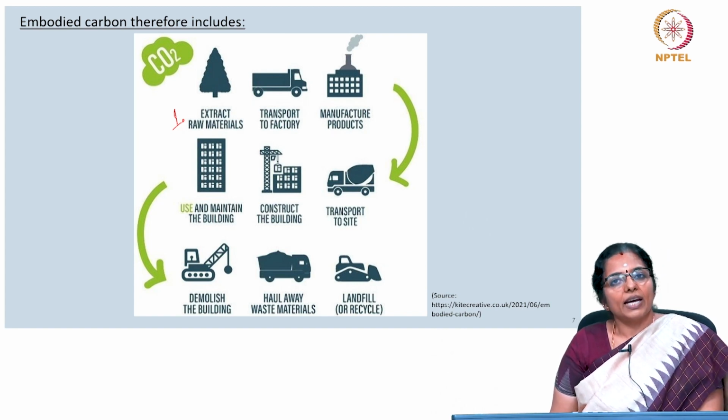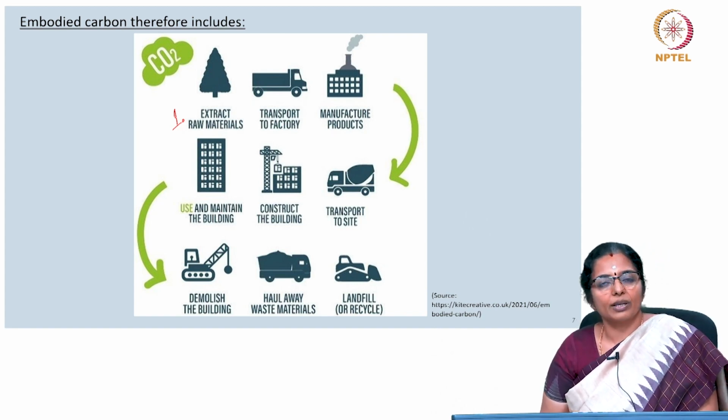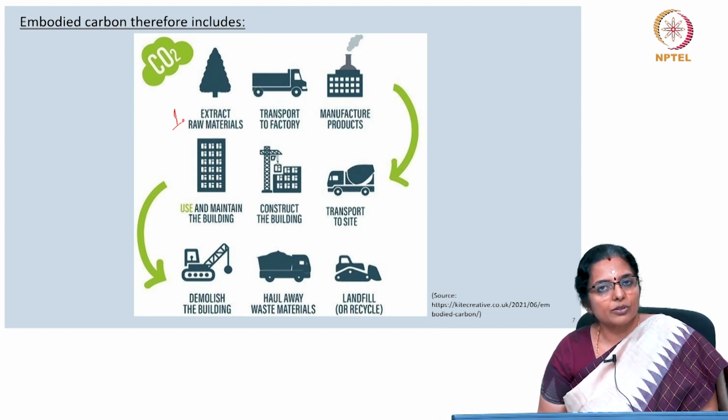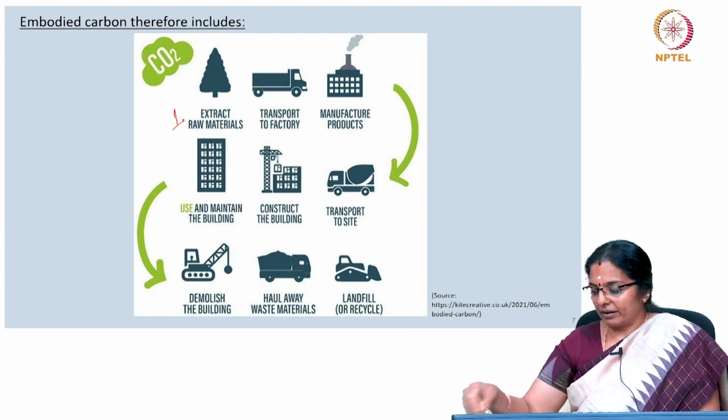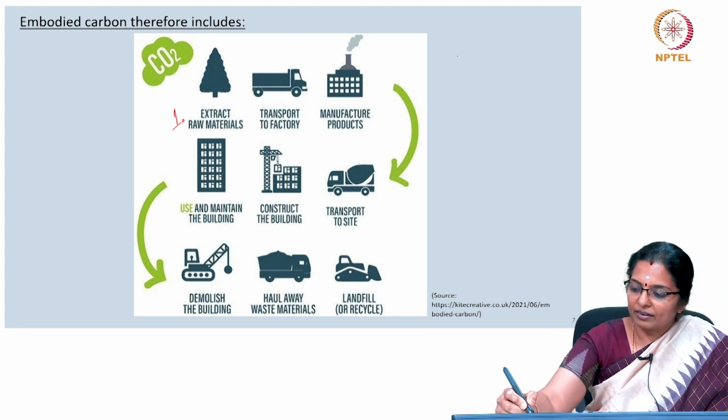What would be the energy required to extract the raw material for the brick? The raw material for brick is soil. So, first segment will be you add number 1. I would write here 1.